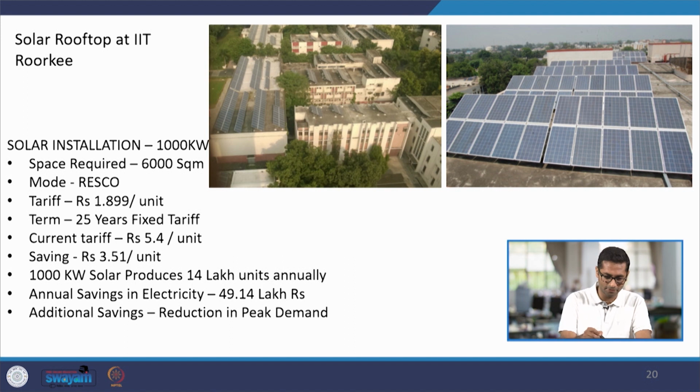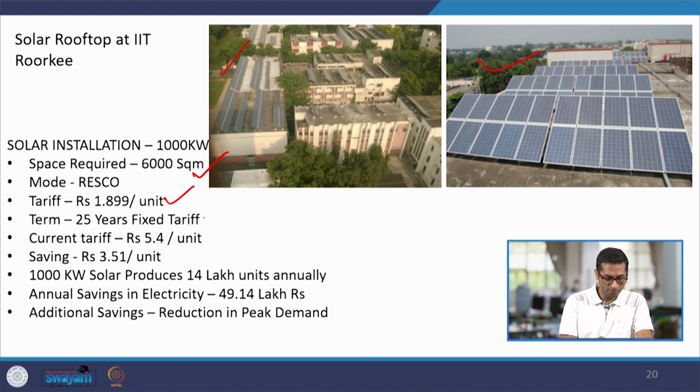So you have some of the rooftops you can see here. These rooftops were installed in the RESCO mode. The space required, which was around 6,000 square meters, was given by IIT Roorkee to these firms. The tariff which was selected was around 1.899 rupees, or 1.9 rupees, and this was applicable for a term of 25 years.